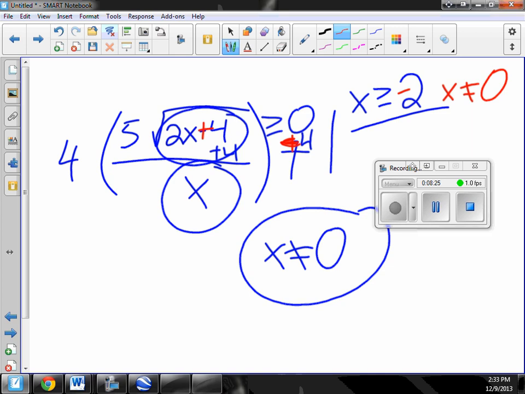So on the rest of page 100, all you're going to do is look through there and decide what values of x do not count. And all you're looking for is square rooting negative numbers and dividing by 0. If it doesn't have those two problems, then it's going to be all real numbers. Now, number 12, we're kind of cheating.